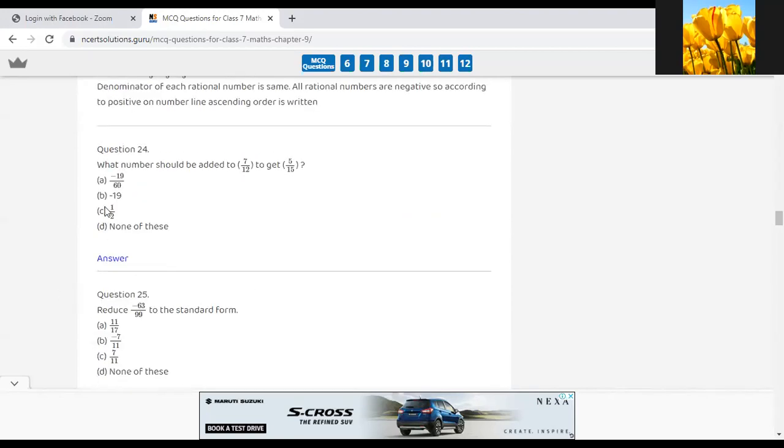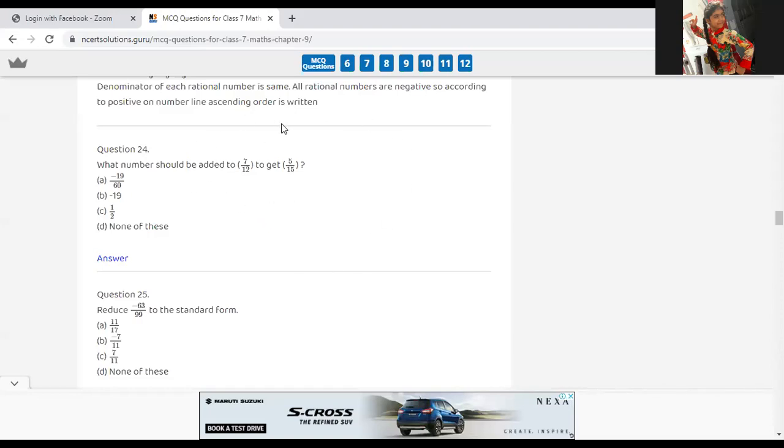Okay. Now do this question. What should be added to 7 by 12 to get 5 by 15 as answer? Hurry up. Who will tell me? Ashima, can you tell? Akshit? Arpita? Rihanika? How will you solve this?